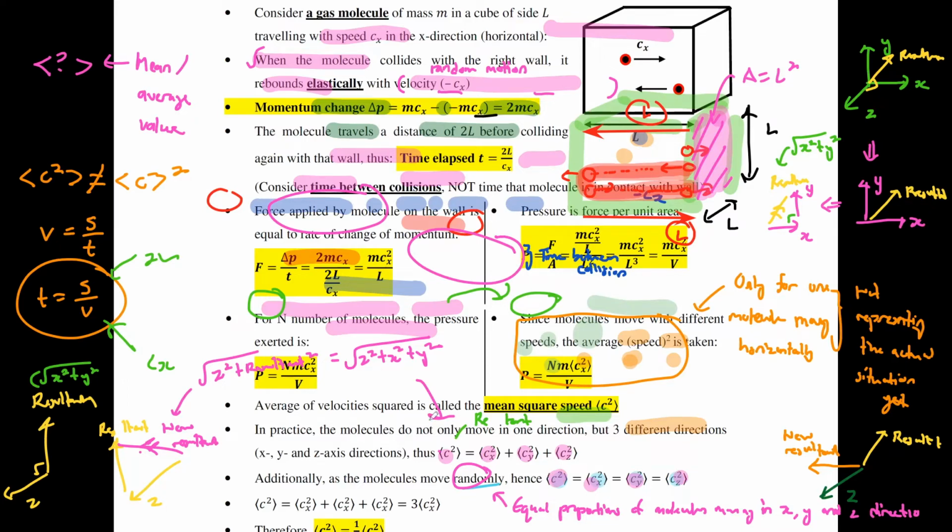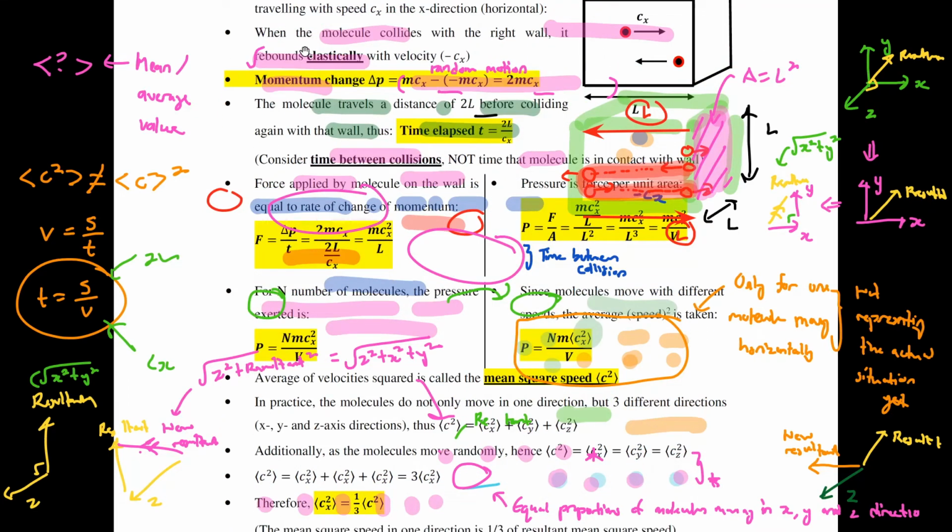Okay, so taking into account these two pieces of information, your equation can be simplified to c squared is equal to cx squared plus cx squared plus cx squared, giving you 3cx squared. And then from there, cx squared is actually 1/3 of c squared.